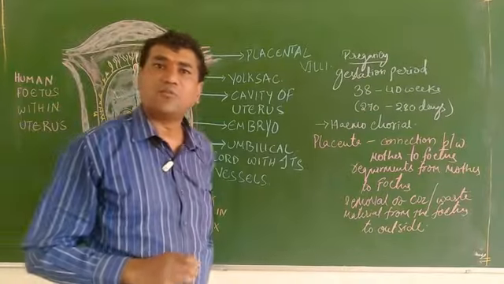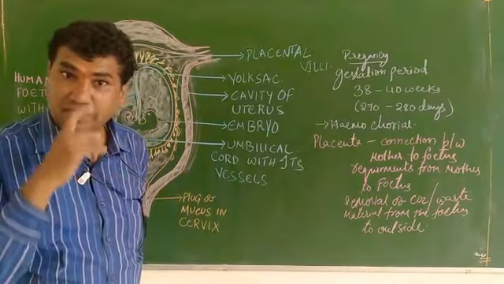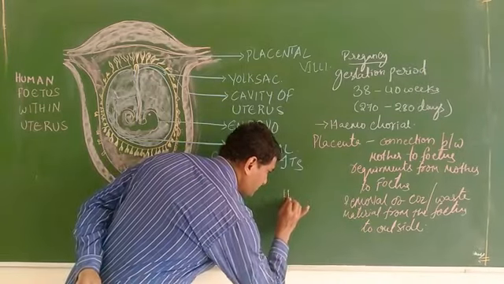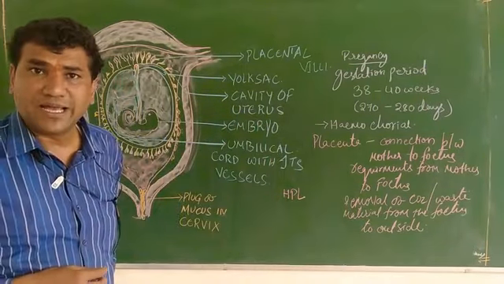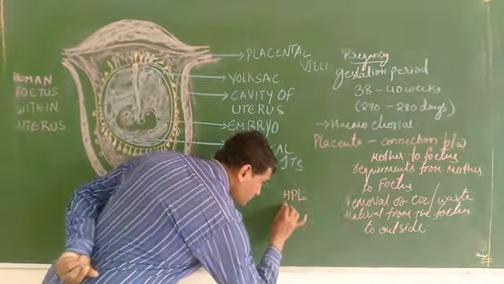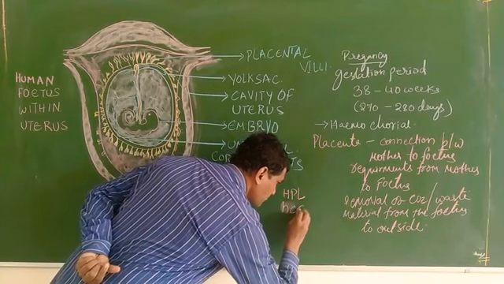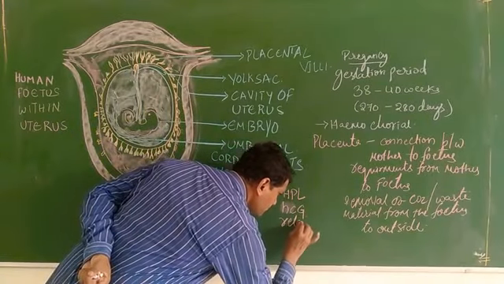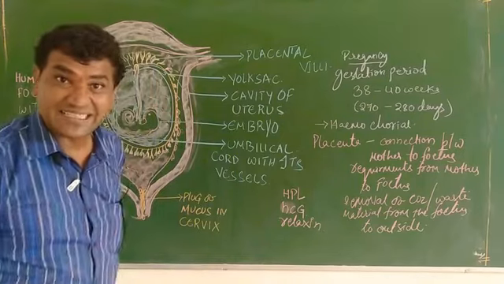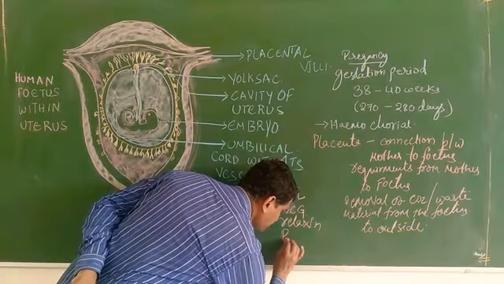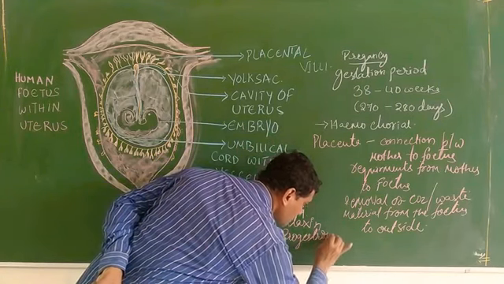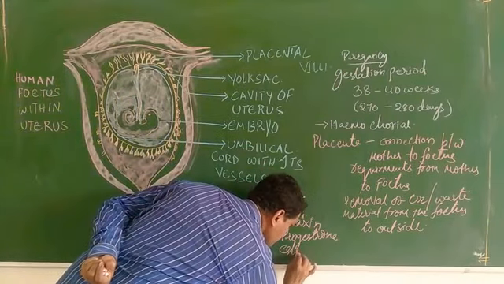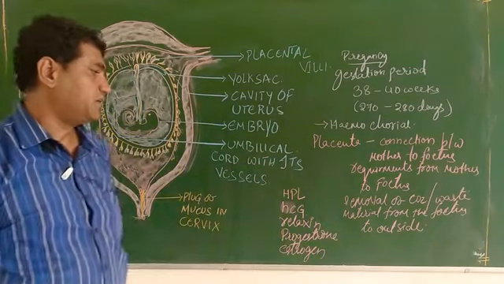There are 5 hormones released from the placenta: HPL, human placental lactogen; human chorionic gonadotropin; relaxin; progesterone; and estrogen.